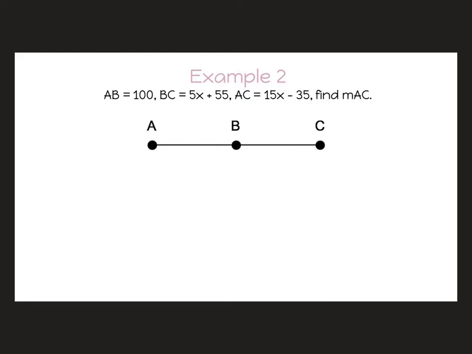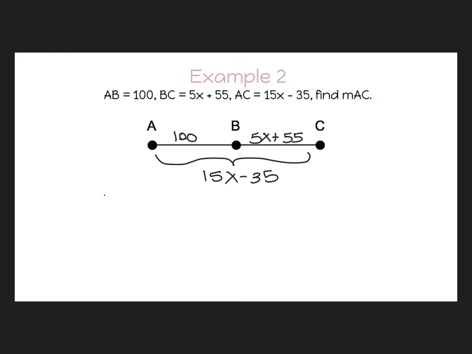Here's the second example for segment addition. So this one says AB is 100. BC is 5x plus 55. AC is 15x minus 35. Even though the setup looks a little different, we're doing the exact same thing.